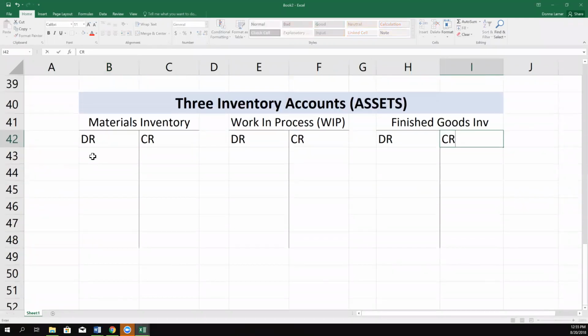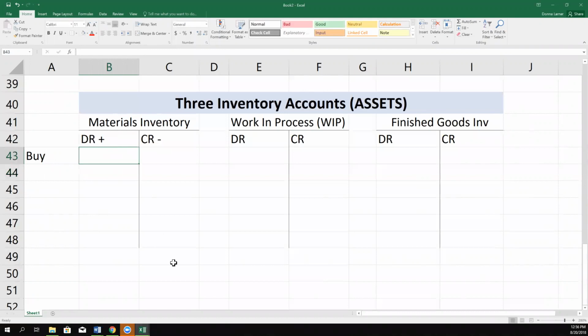And remember, since they're assets, the debit side is its plus side, the side that you record increases. The credit is where you record decreases. So when materials inventory increases, it's because we buy some or purchase some. They'll use the word purchase probably more than they'll use buy. But if we buy some new raw materials, we'll put them in here as a debit.